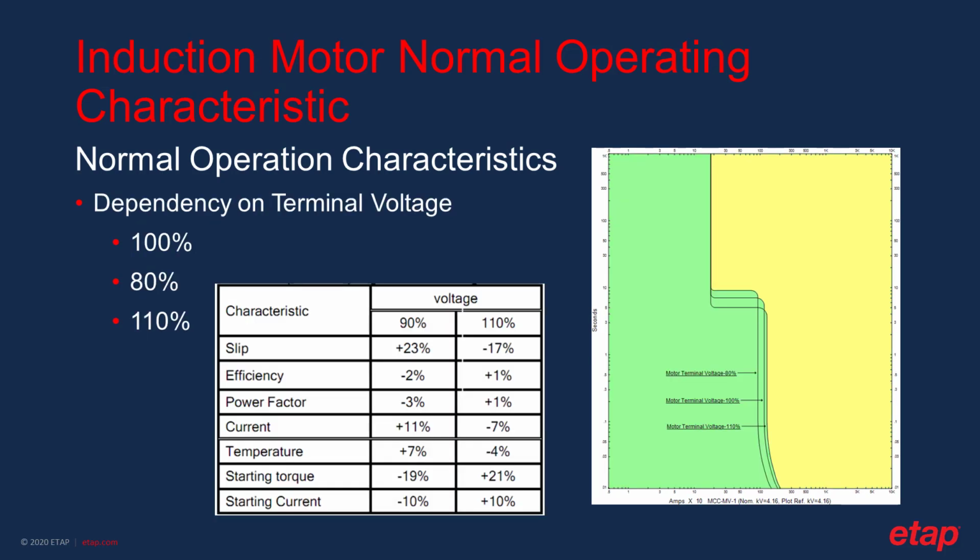full load current. As can be seen in this slide, the induction motor operating characteristic has a dependency on the voltage. As has been discussed in the previous part of the webinar, the acceleration torque of the motor depends on the voltage. This means the motor starting curve has a linear relationship to the square of the voltage.